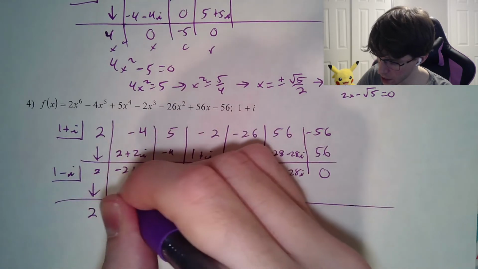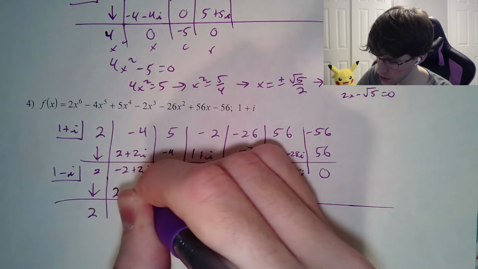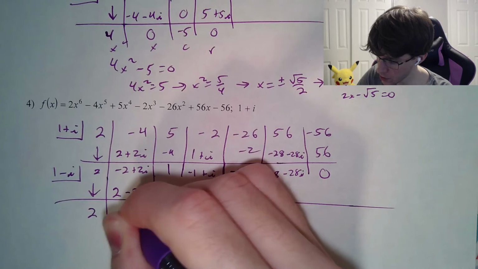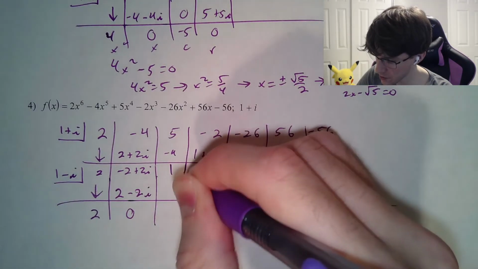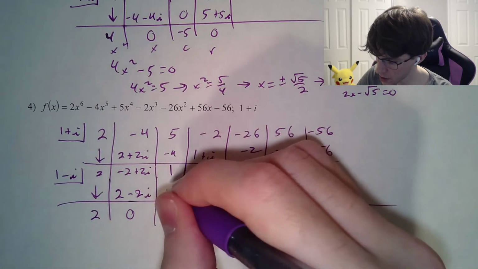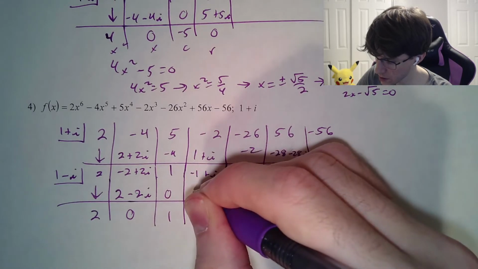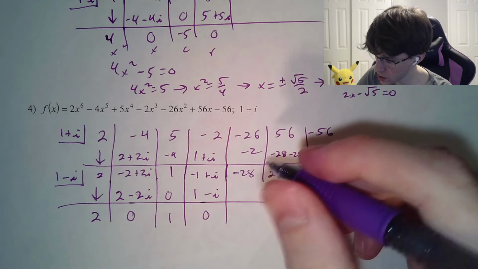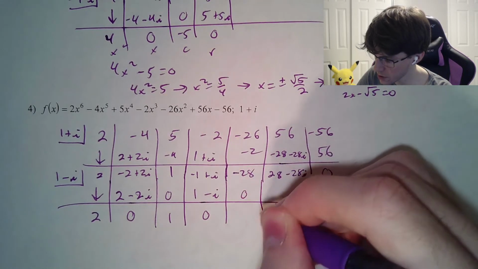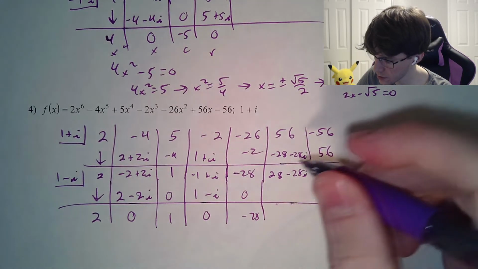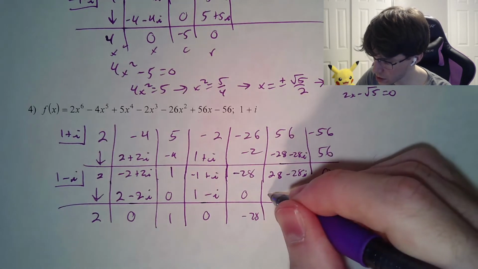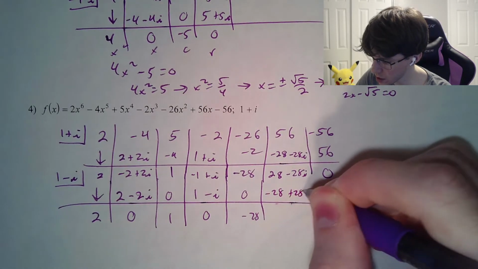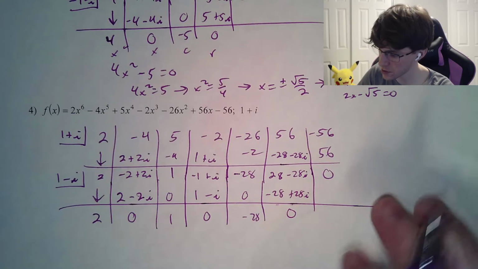So I have 1 minus i, you end up with 2 minus 2i, add them up, ooh, you get 0. That's really nice. That'll be good. Which means 0 there, 1 there, 1 minus i, ooh, another 0. Really great. 0, -28, which is -28 plus 28i here, which is of course 0.